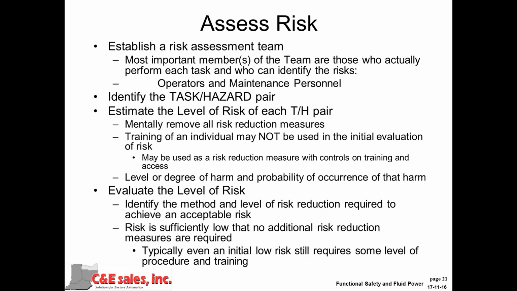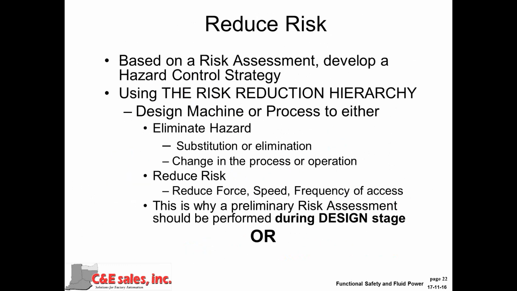If the risk is sufficiently low that no additional measures are required, then you would leave the machine as is, although typically you'll find that even with a low risk level innately in the machine, it's a good idea to have some procedures and training just so people understand what the risks are and how they are being controlled.